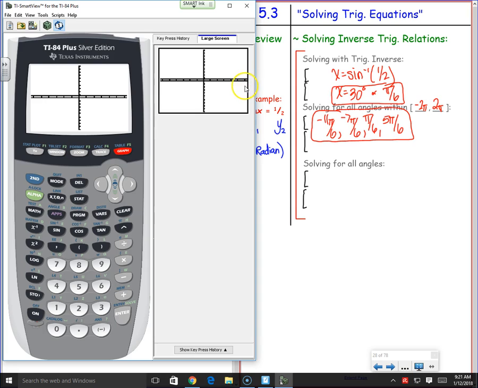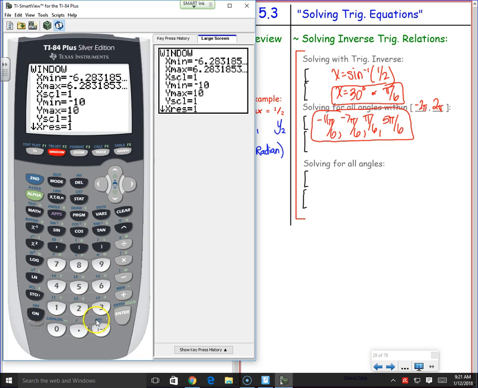What's negative 2 pi to 2 pi in degrees? Negative 6.28 degrees to 6.28 degrees? Does that help me at all? What range would I need for degrees if I was doing degree mode to be the same or equivalent to this? Yeah, I'd have to change my window to be negative 360 to 360.